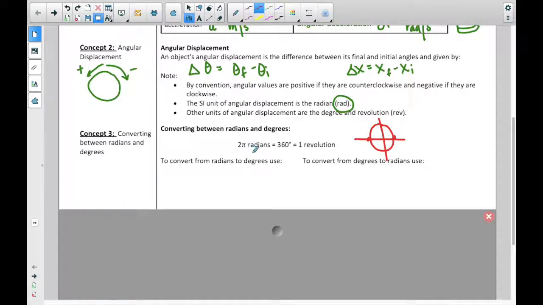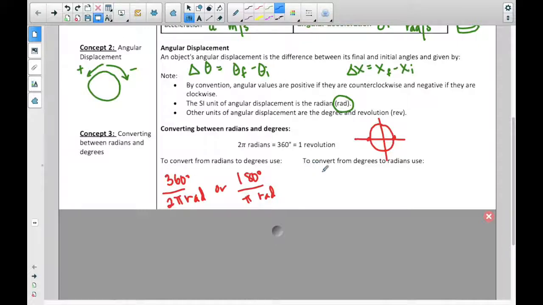So 2 pi radians is 360 degrees, which is equal to 1 revolution. If you need to convert between radians and degrees, we can use the conversion 360 degrees over 2 pi radians. Or if you make it a little bit simpler, you could just talk about half of the circle, and that would be 180 degrees over pi radians.